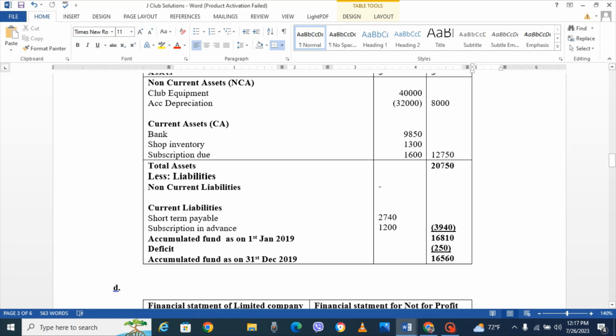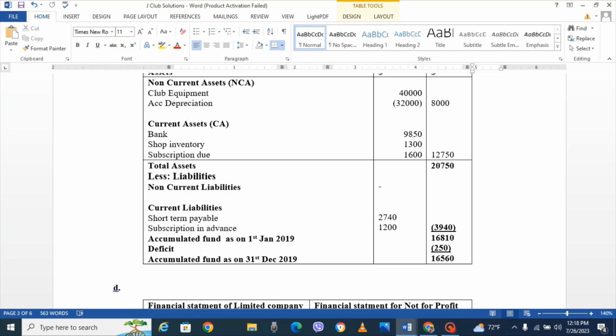So if you deduct this 3,940 from this total assets value, the difference will be the accumulated fund as on 1st January 2019. So as the question has asked you to show the movement of accumulated fund on 31st December 2019, simply you can add the surplus or you can deduct the deficit. As you have derived the deficit in the question, now you should deduct that 250 value.